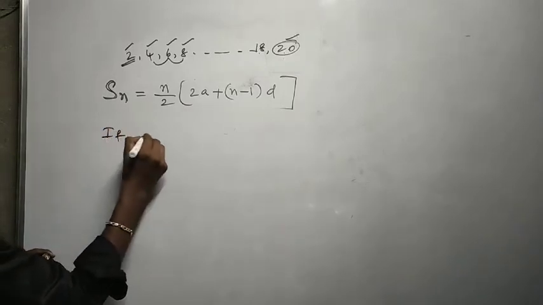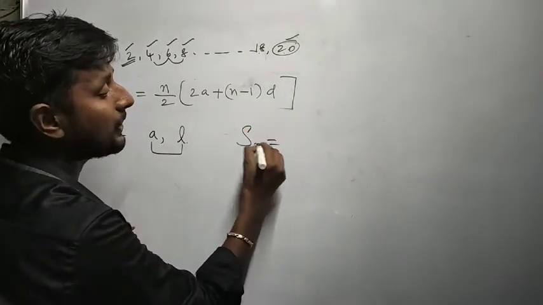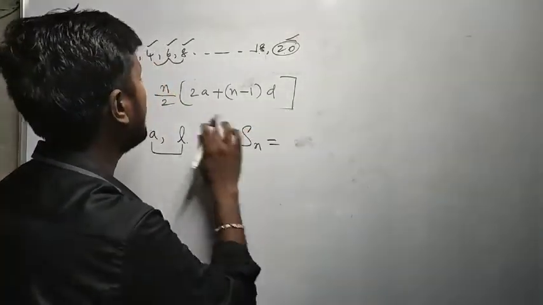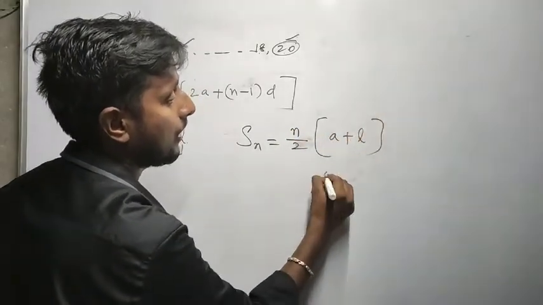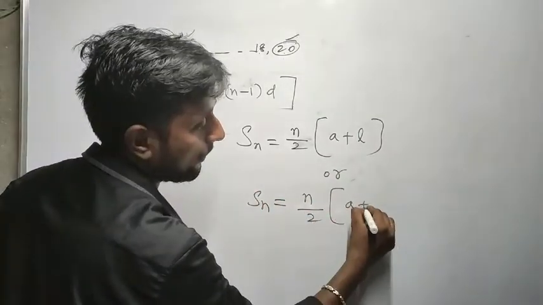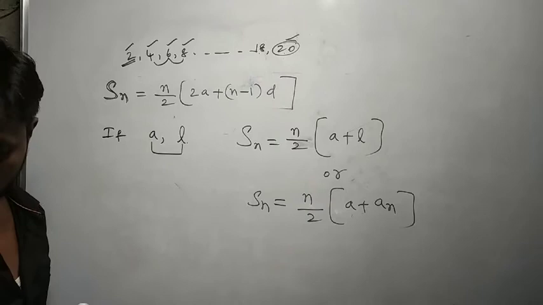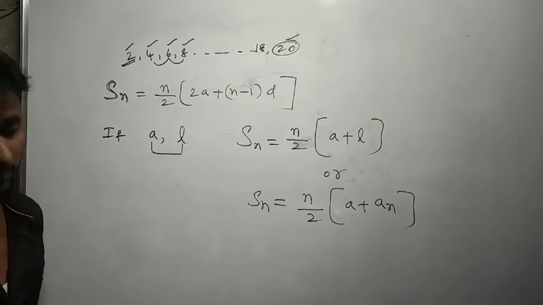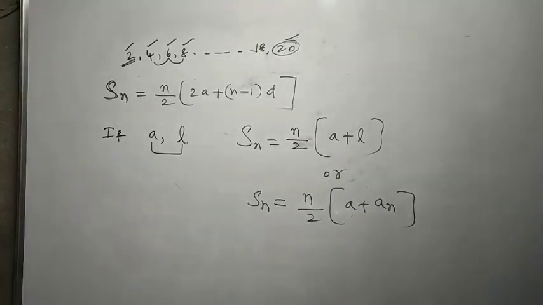If you have a and L, that means the first term and the last term, then the sum of n terms can be calculated as n by 2 of (a plus L), or the sum of n numbers is equal to n by 2 of (a plus a_n), because I told you already a_n is nothing but the nth term. Am I right? Correct? So these are the formulas to calculate the sum of n terms in an AP, in arithmetic progressions. Okay children, we'll see some examples later. Thank you.